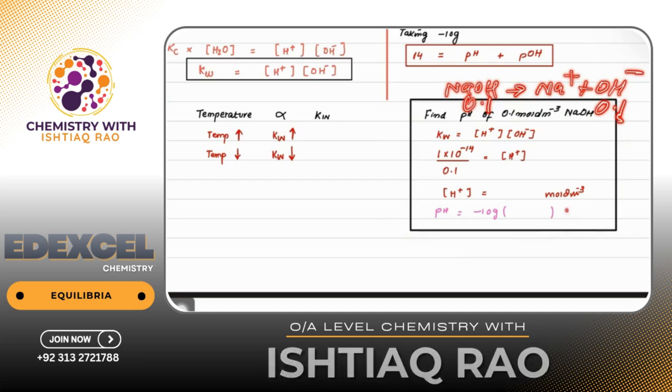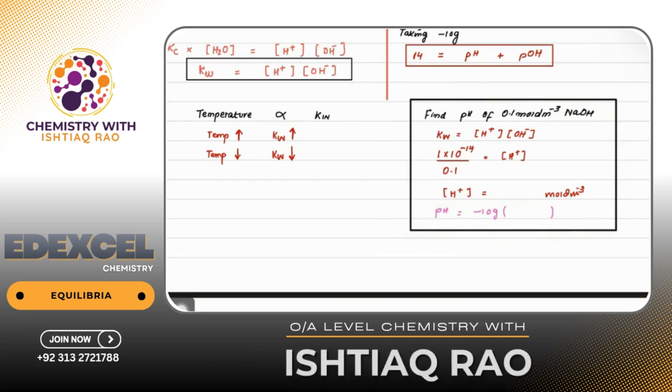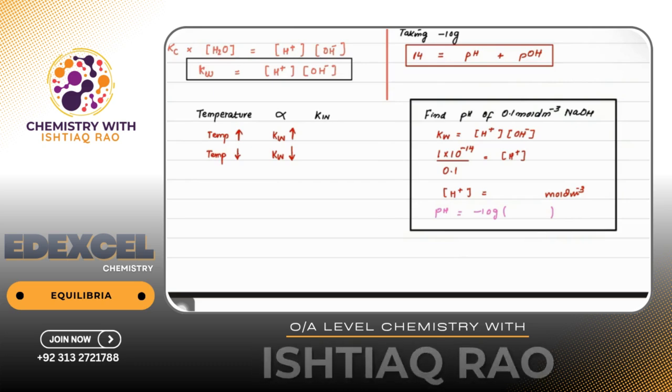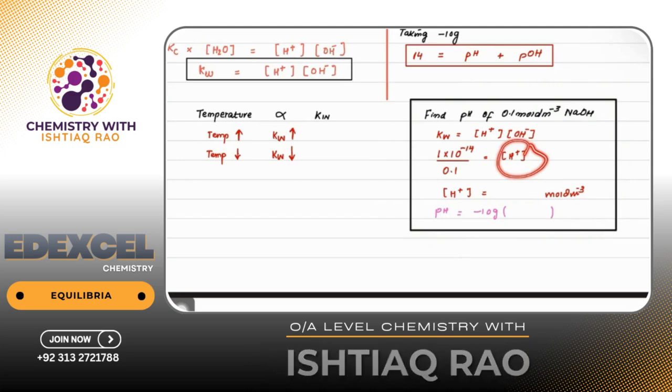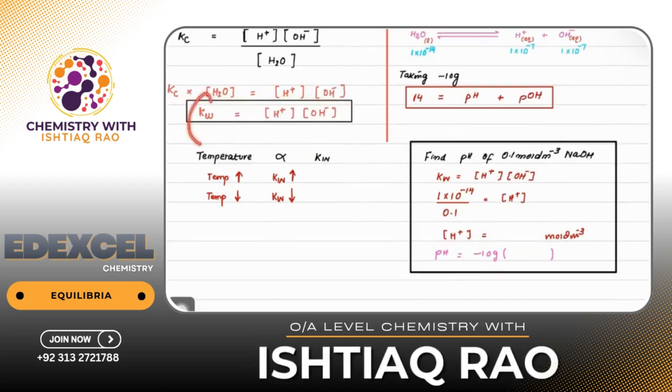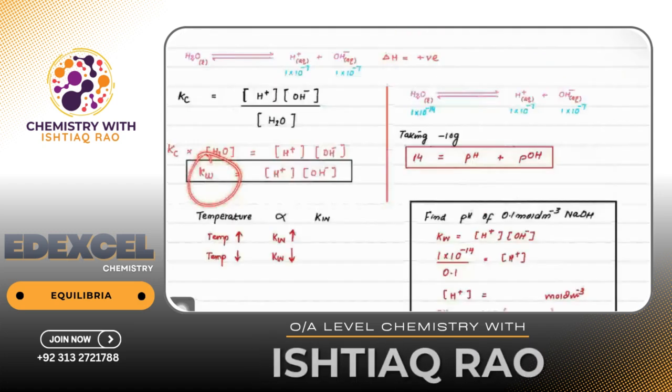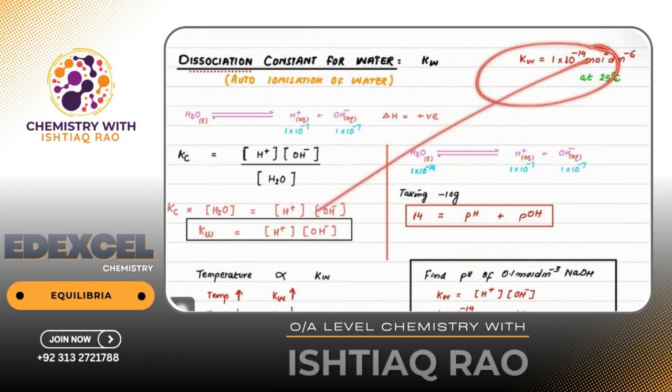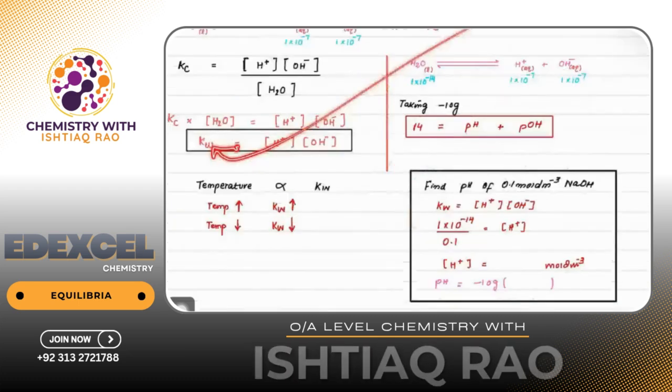You can't apply this formula directly because pH is the negative log of H positive ions. So before putting in this formula, you need to find the concentration of H positive ions. So I took this relation. Since we know the value for Kw is 1 exponent minus 14, I put that over there.